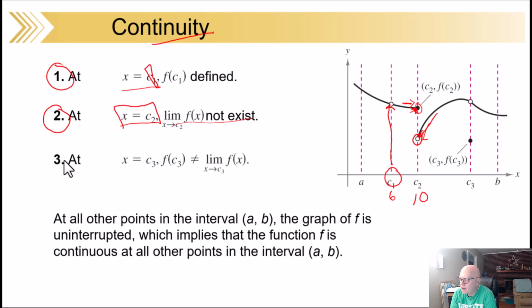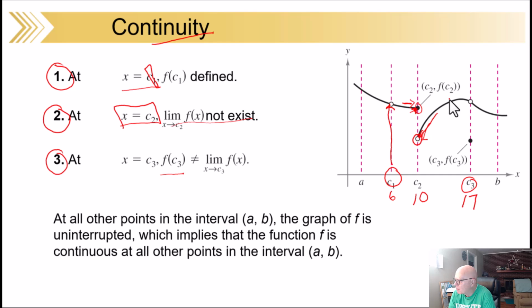Part 3 over here. What does this say? This says that at C3, and let's say C3 is 17, the function value at C3 is not the same as the limit. What does that mean? Let's get back on our graph and take a trip.